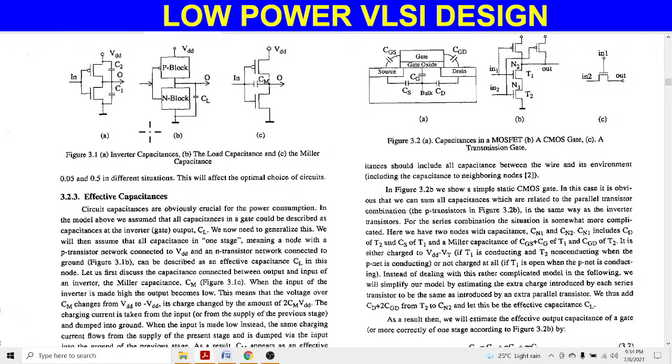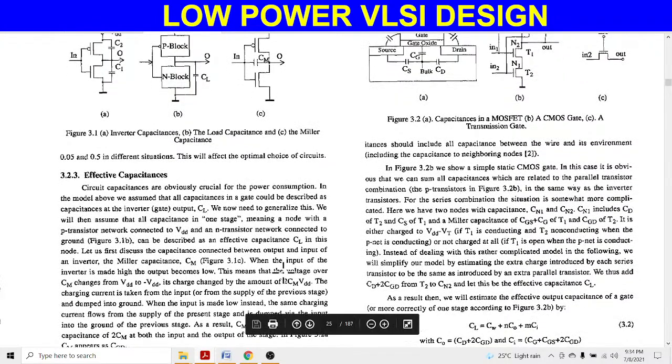So overall, the swing, the charge that is stored by this capacitance, will be 2 Cm into VDD. Here Cm is the Miller capacitance.